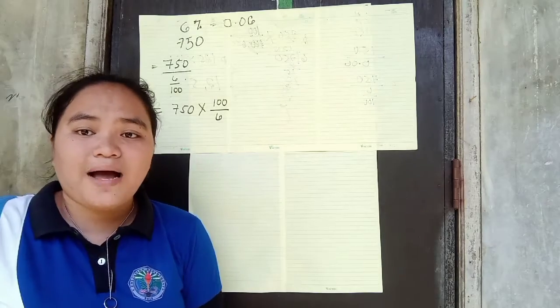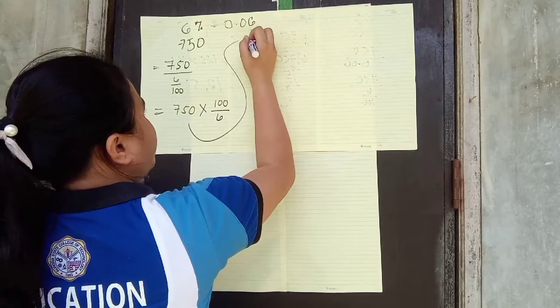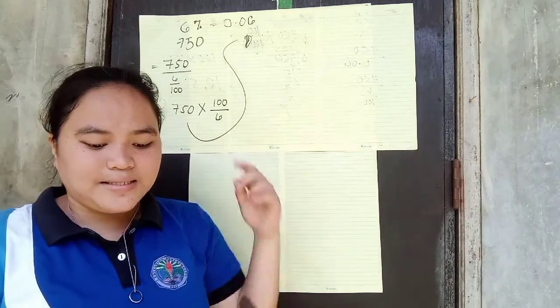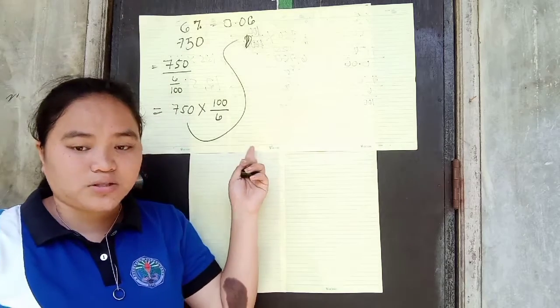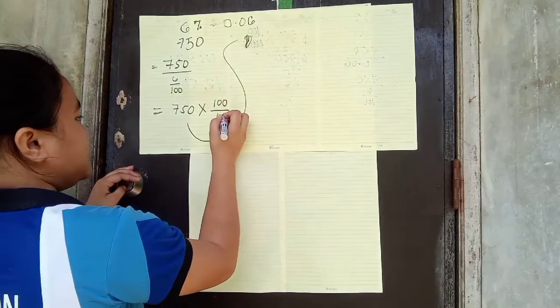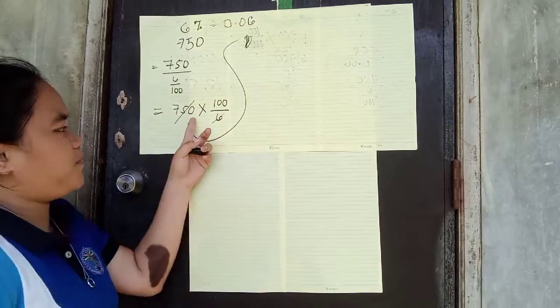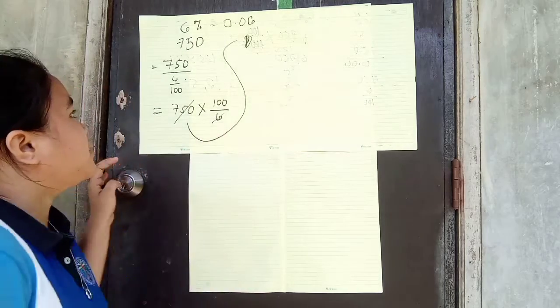Okay, now, paano natin makukuha or magigets talaga yung 12,500 na sagot? After that, we'll be crossing out the common factor. Ang ating common factor here is 6 and 750. After crossing the common factor, we'll be dividing it.